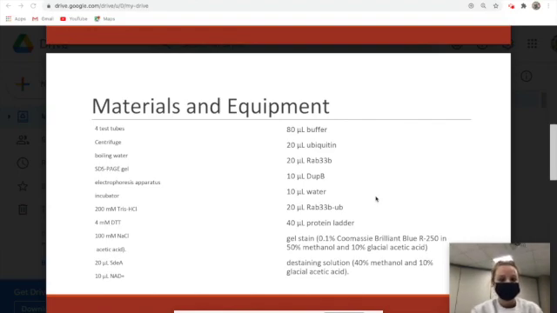The materials and equipment we used for this are 4 test tubes, a centrifuge, the SDS-PAGE gel, an electrophoresis apparatus, and an incubator.